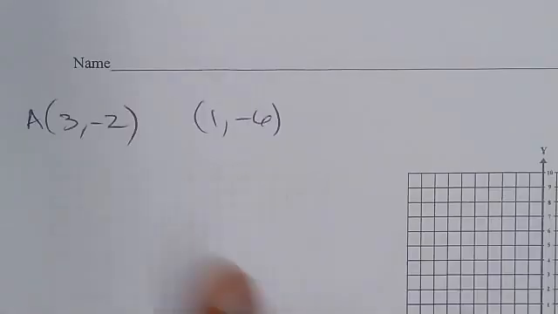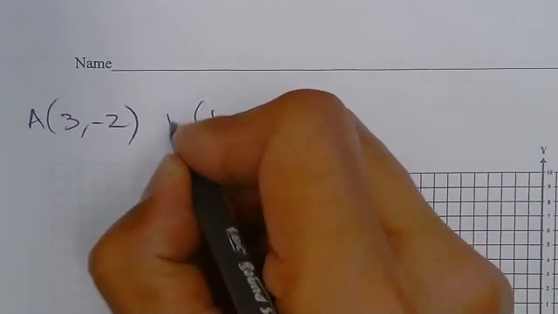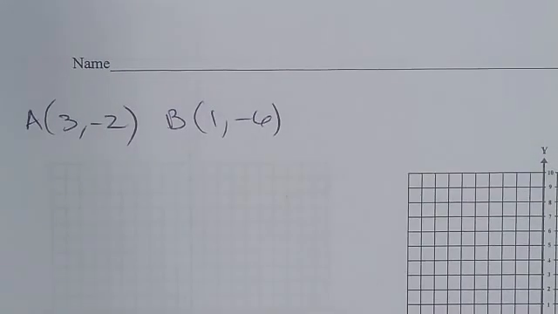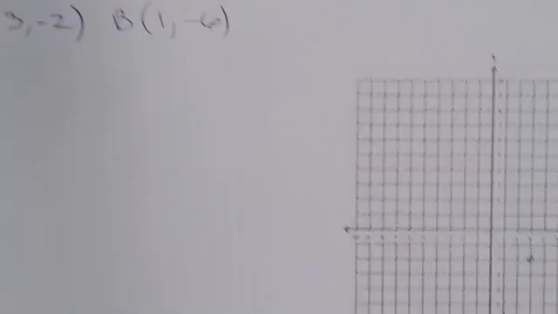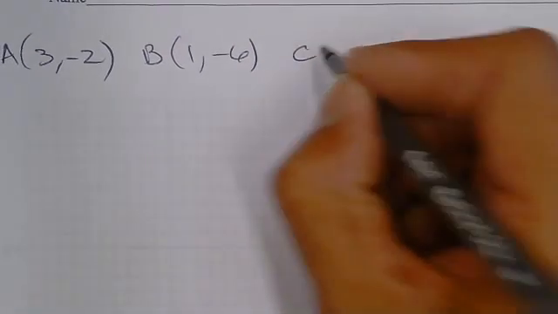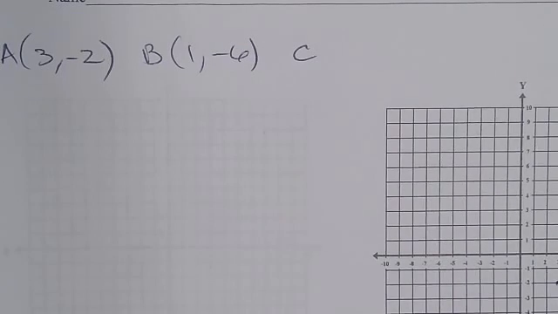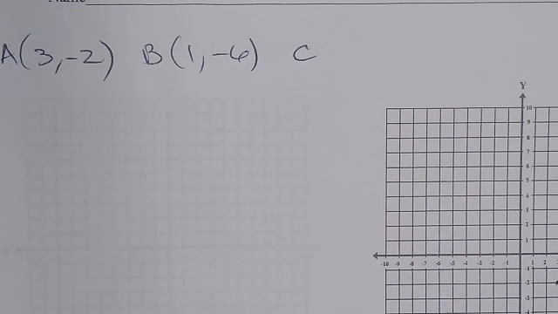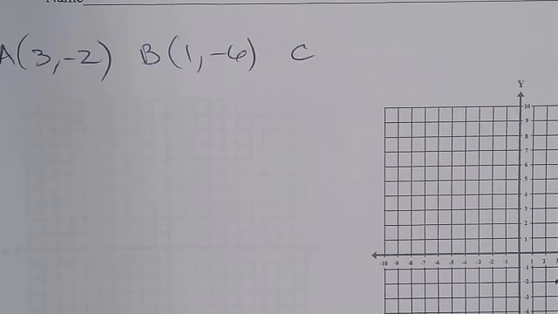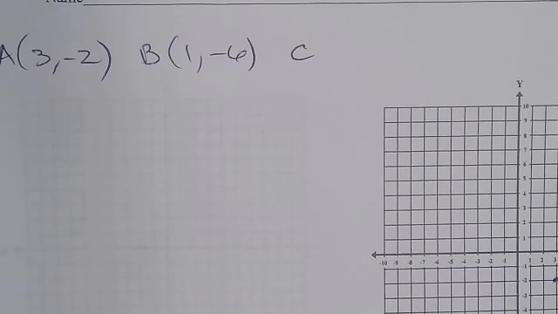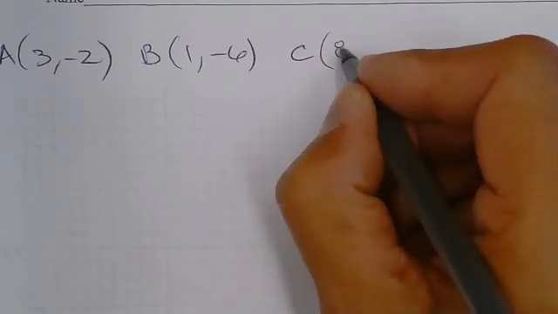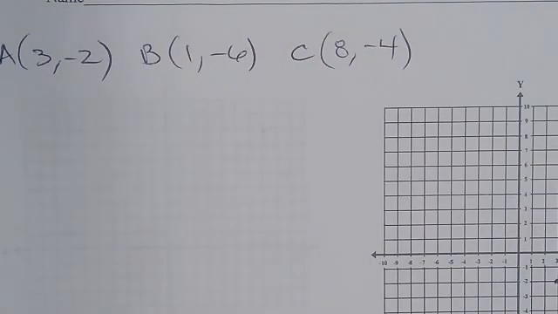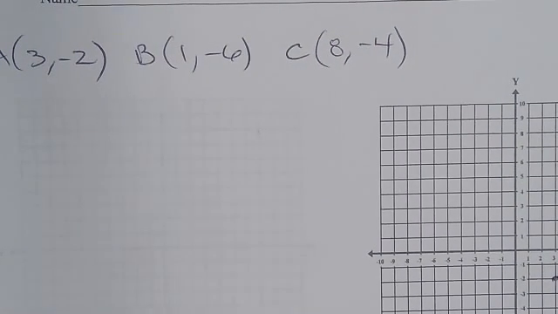Then 1, -6. 3, -2 is point A. B is 1, -6. And point C is going to be, I might as well just put it right here. 8, -4.